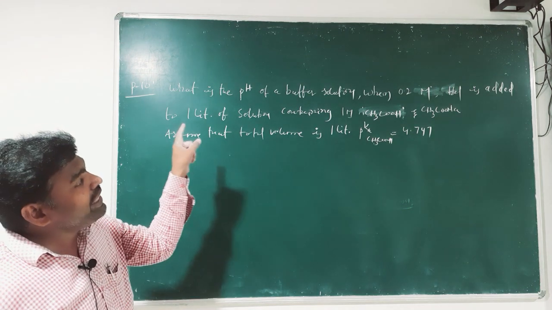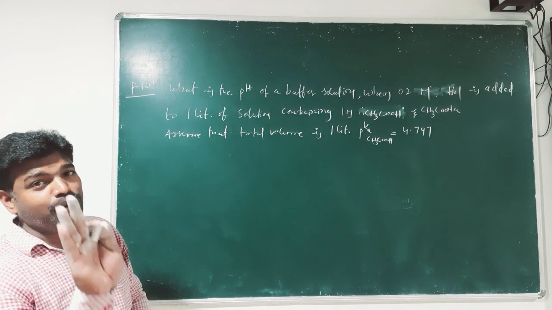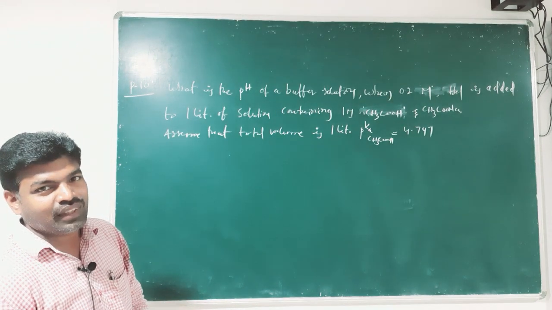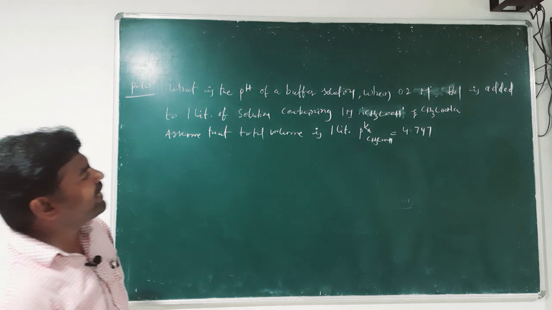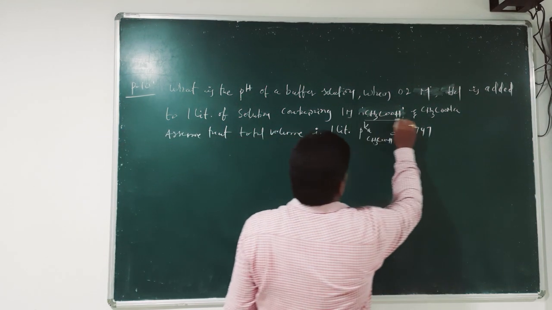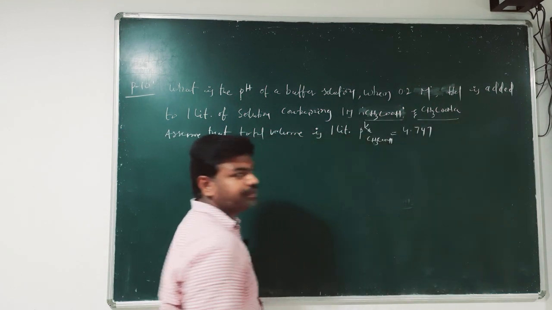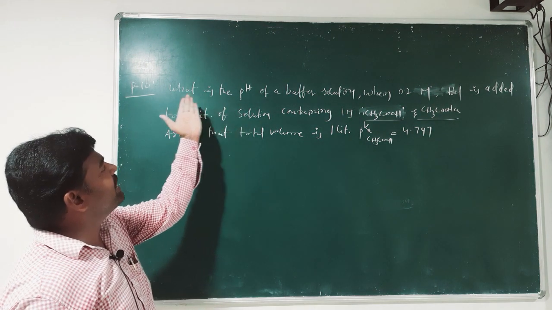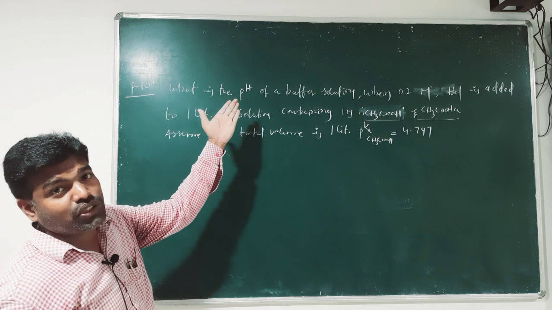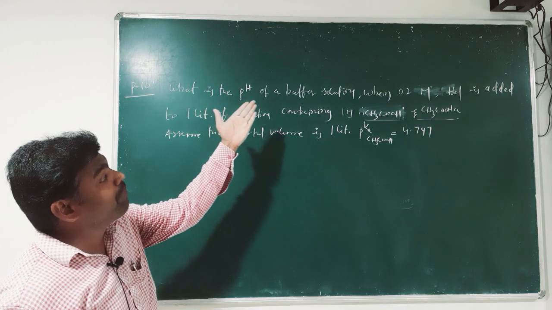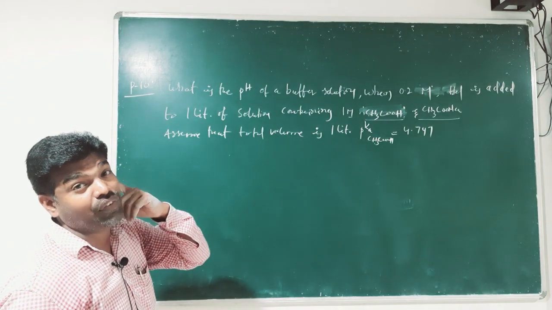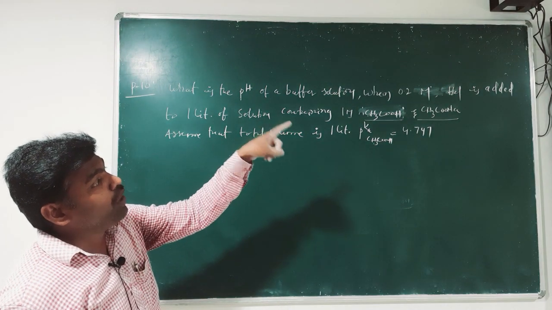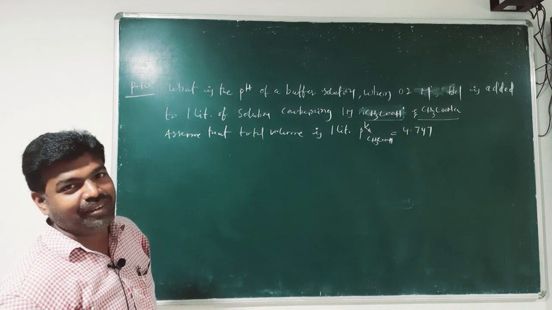By reading this problem, I came to know that it is an acidic buffer, made of a weak acid and sodium acetate. What they asked is to calculate the pH of the buffer solution when 0.2 molar HCl is added.